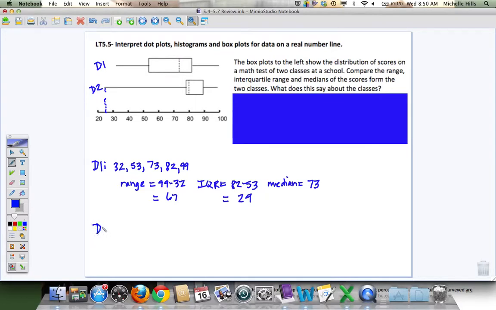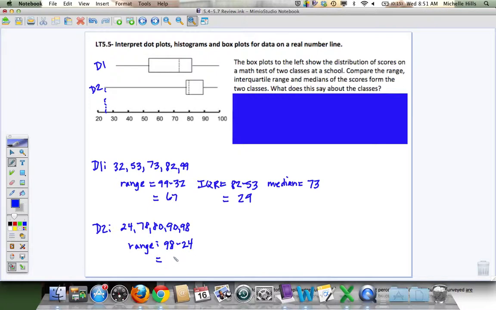For the second set of data, my 5-number summary that I estimated was 24, 78, 80, 90, and 98. My range, again using these estimates, is 98 minus 24. Notice how I'm showing this work.